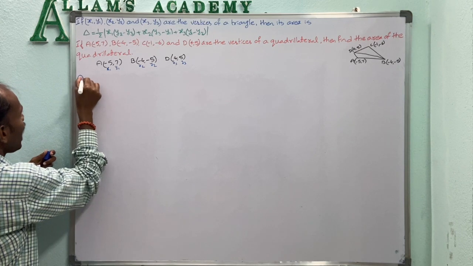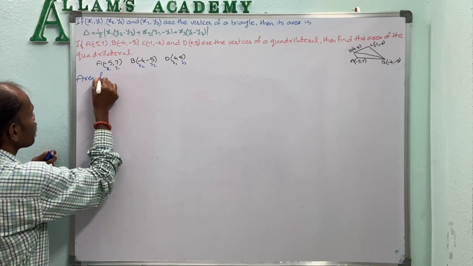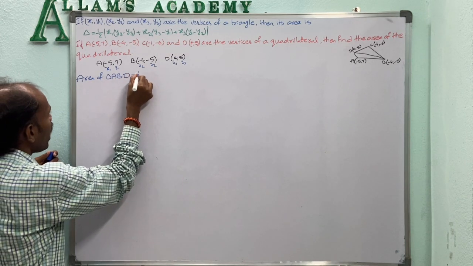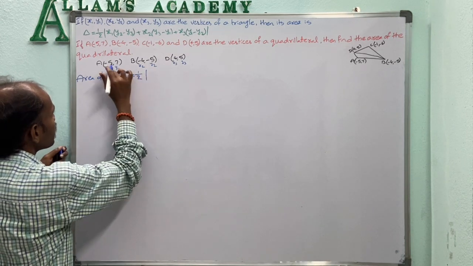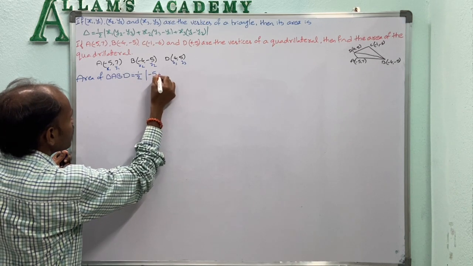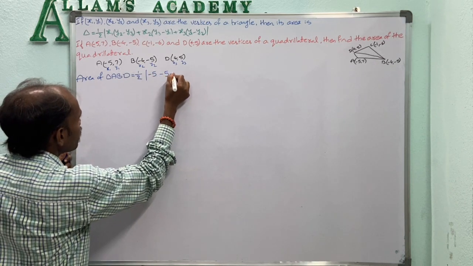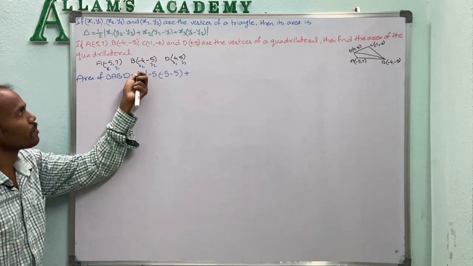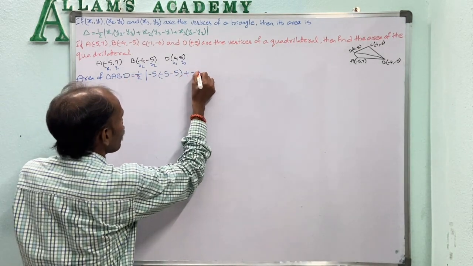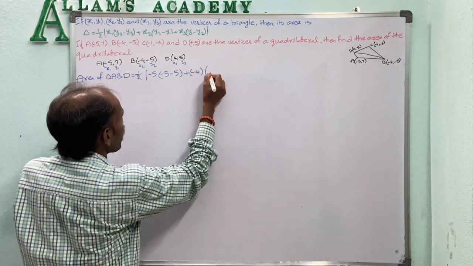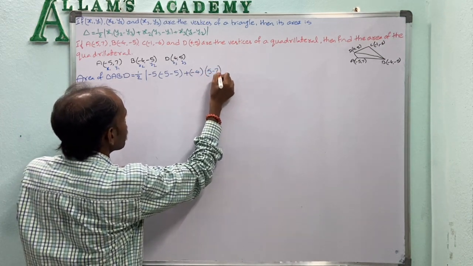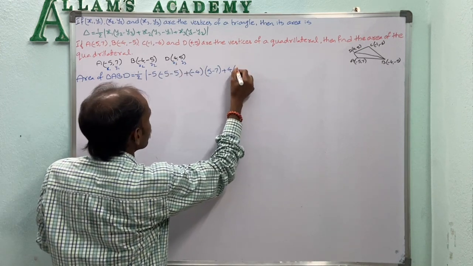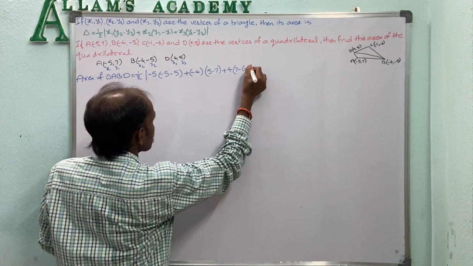Now the area of triangle ABD is equal to half mod of x1, that is -5, into (y2 minus y3), that is -5 minus 5, plus x2, that is -4, into (y3 minus y1), that is 5 minus 7, plus x3, that is 4, into (y1 minus y2), that is 7 minus (-5).